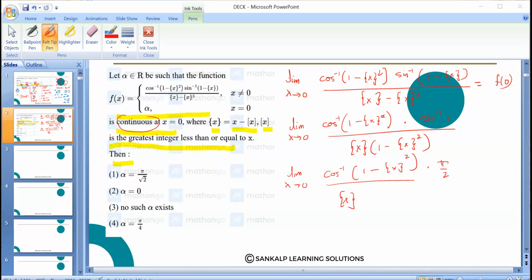So now, in order to find the limit, we will write it as cos inverse of 1 minus x square by x into pi by 2. Let us take 1 minus x square as cos 2.